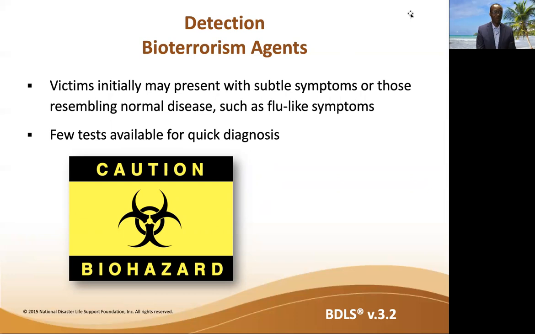Two, few to no specific diagnostic tests are available for the frontline provider in the emergency department, outpatient clinic, or pre-hospital. As mentioned, you need to have a high index of suspicion and consider bioterrorism to make a presumptive diagnosis. By the time a definitive diagnosis formally confirms your suspicion, many more people may have become infected.